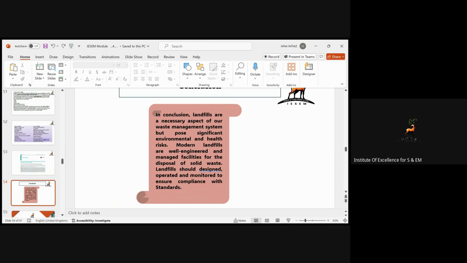So if we modify the existing landfills to get rid of the problem of odor production, methane production, or greenhouse gas production, we will continue this practice and we will manage our solid waste.